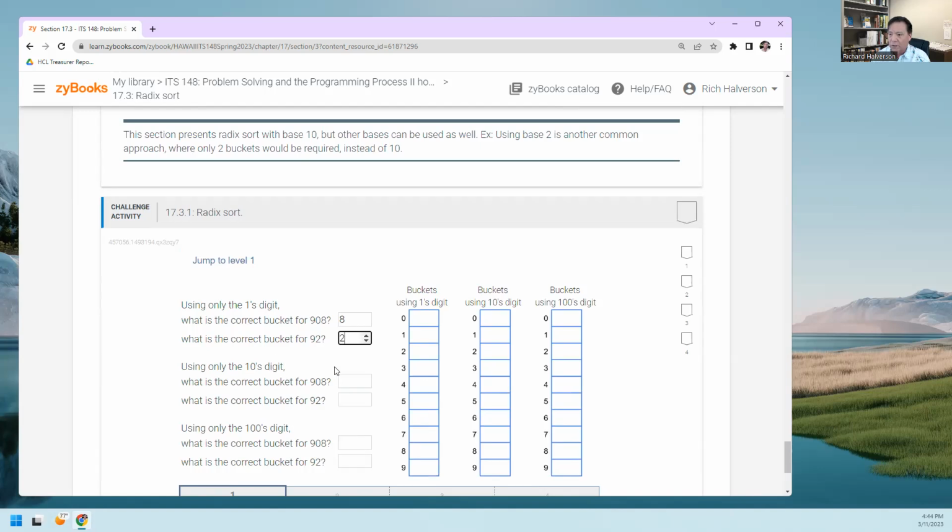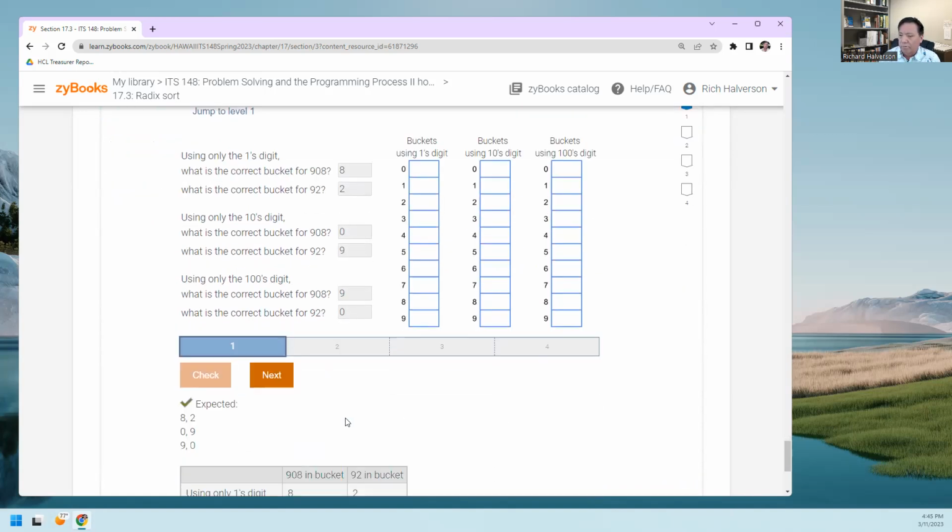Using the tens digit, this is 0, this is 9. And then this one, the hundreds digit is 9, and then you have to assume the tens digit is 0. So this is 9, and this is 0.